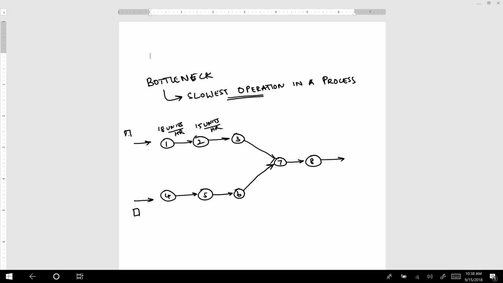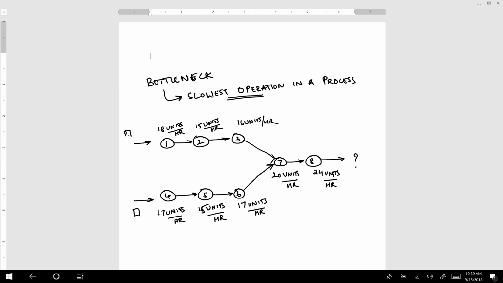Operation 3 is 16 units per hour. 4 is 17 units per hour. 5 is 15 units per hour, and then 6 is 17 units per hour. 7th operation's effective capacity is 20 units per hour, and then for 8 it is 24 units per hour.